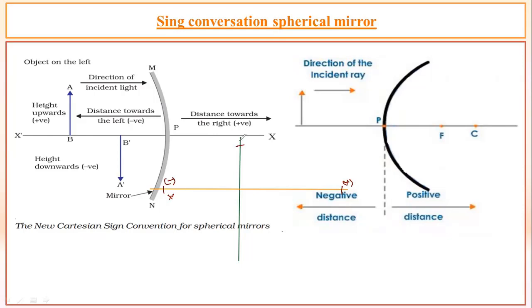On the other hand, on the y-axis, the upper part is positive, and on the lower part, the y dash, it is negative. If you are familiar with this mathematical concept, it will be very easy for you to understand the sign convention, because what we are going to discuss in the sign convention comes only from this coordinate geometry.